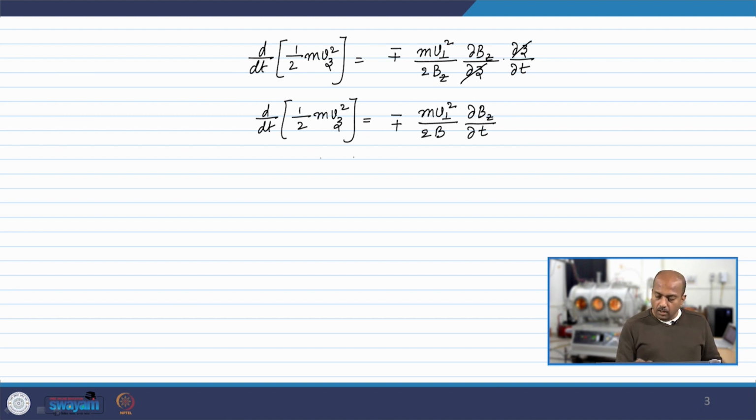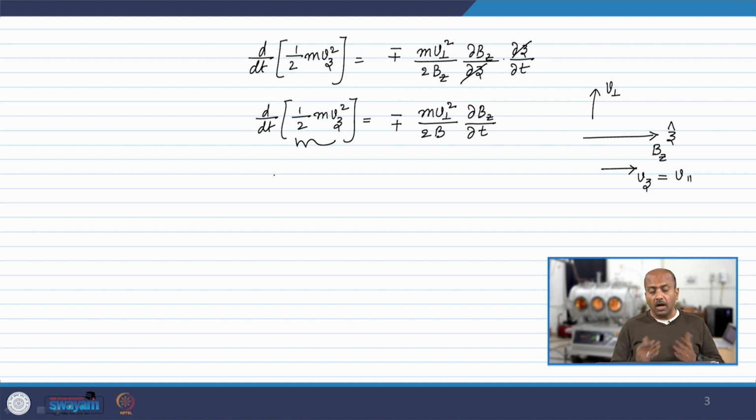Right. Now the direction along which the magnetic field is defined is this one. This is Bz. So this direction is v perpendicular and this direction is Vz, which is nothing but v parallel. So this part of the kinetic energy is the parallel kinetic energy.